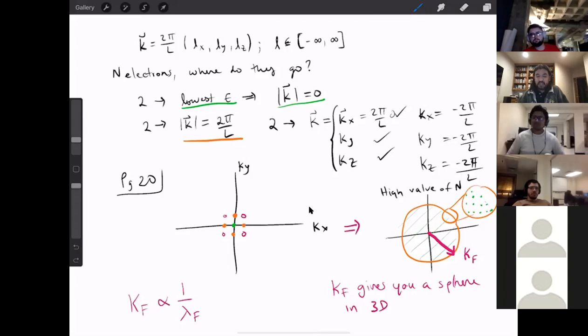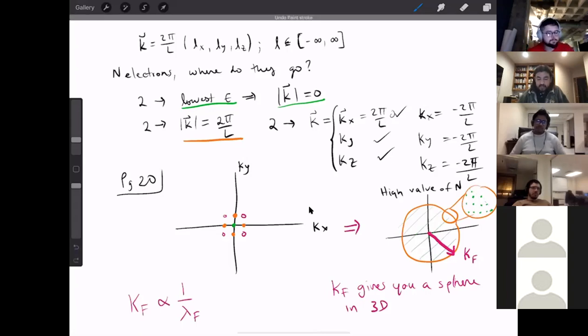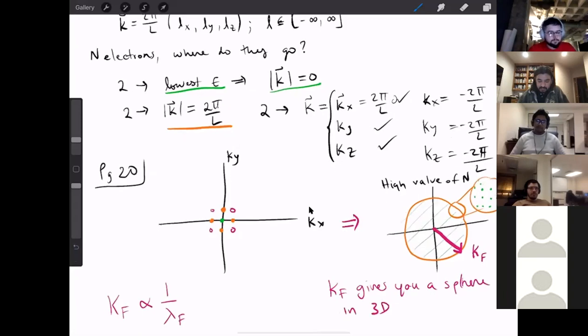But basically, what we're saying is that this electron right here, the one in the center, is not moving, right? It's the one with the lowest speed. And then this one, and this one, and this one, and this one have the same speed.